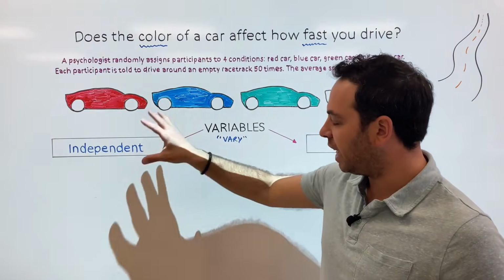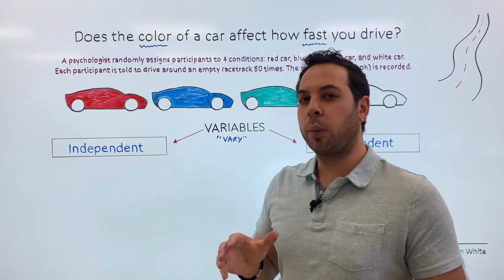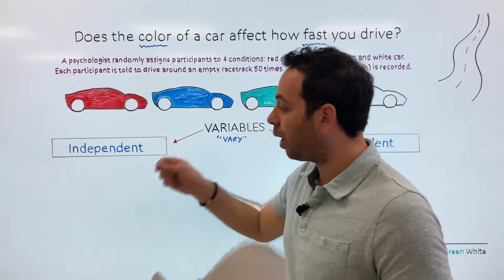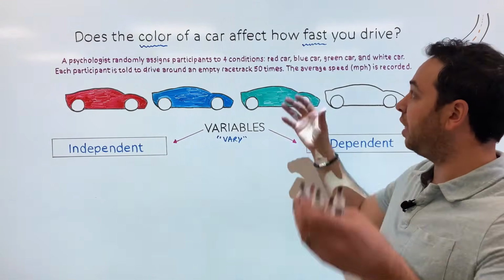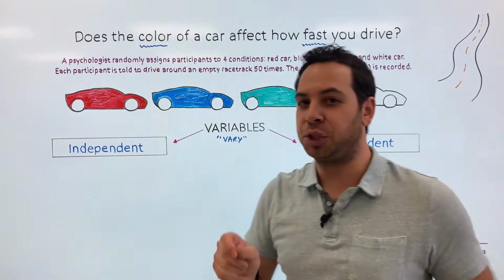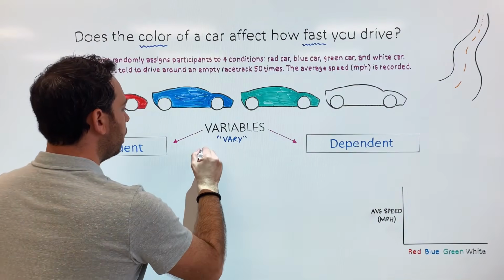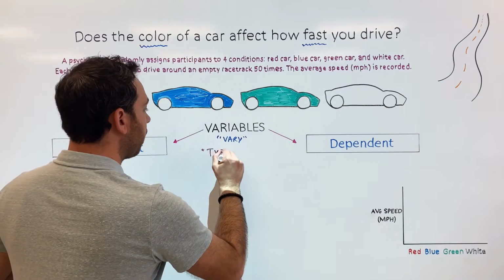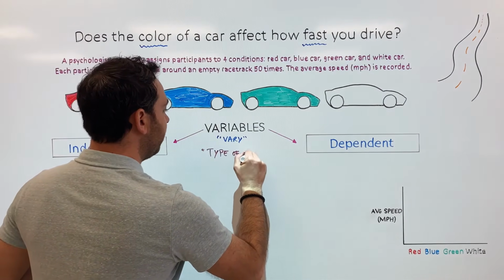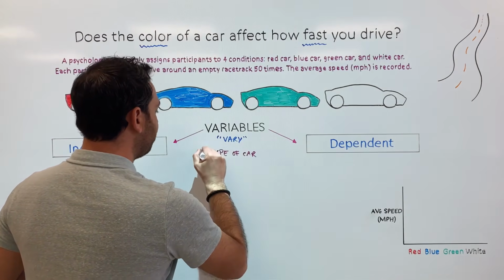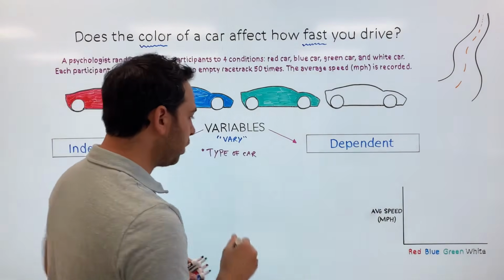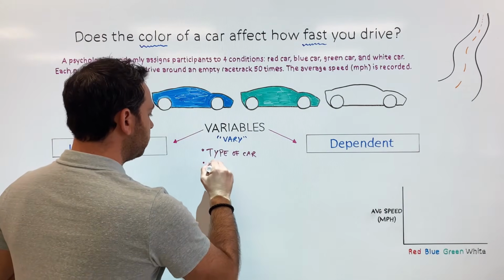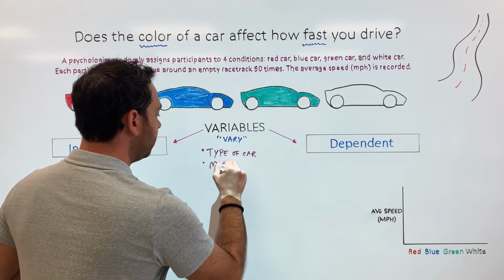Let's start with the independent variable. Now the first thing I want us to do, before we dive into specifically what it is, think about everything that could affect how fast you drive. Let's list a few of them. One of them might be the type of car you own, right? If you're driving a minivan versus a sports car, that could affect how fast you drive. Your mood, right? If you're happy, sad, angry, right?